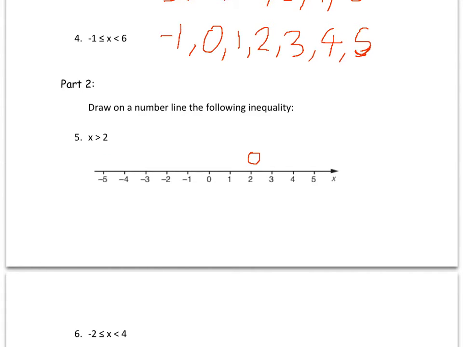So you draw a line in this direction with an arrow on. Now you'll notice I haven't coloured in this circle. That is really important because if it doesn't say equal to, it's an open circle. If it says greater than or equal to 2, you colour in that circle.